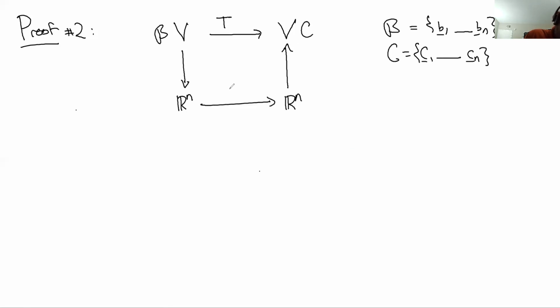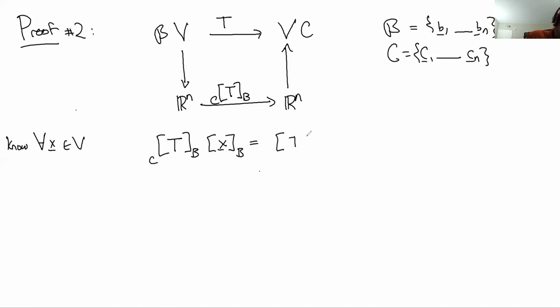And now you have here the matrix. We know from the correspondence principle that for every X in V, if you multiply this matrix times the coordinate vector of the input, you get the coordinate vector of the output. We did that in the last lecture.